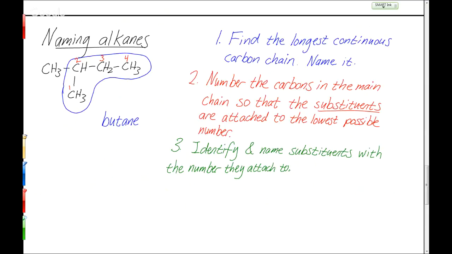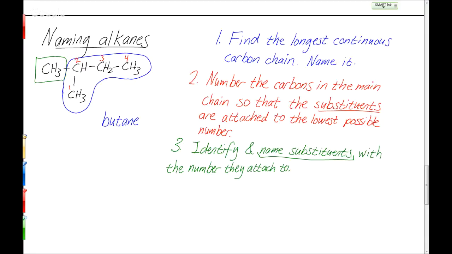So how does that work? Okay, so we identify the substituents. We say, I see a substituent. Here's a thing that is hanging on that chain. That is a substituent. And then we have to name it. So what type of a substituent is that?